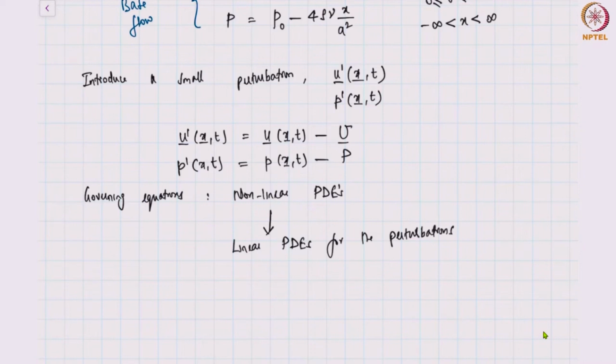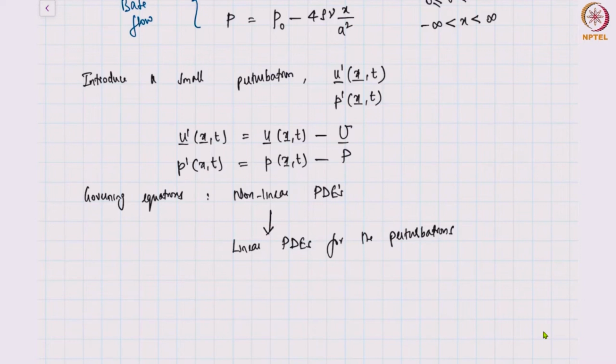Note that the base flow automatically satisfies the equations. Therefore, when I substitute the perturbation, which is of the form U bar minus capital U, and capital P, they don't matter because they cancel themselves out because they satisfy the equations. So what we end up getting are linear perturbations.